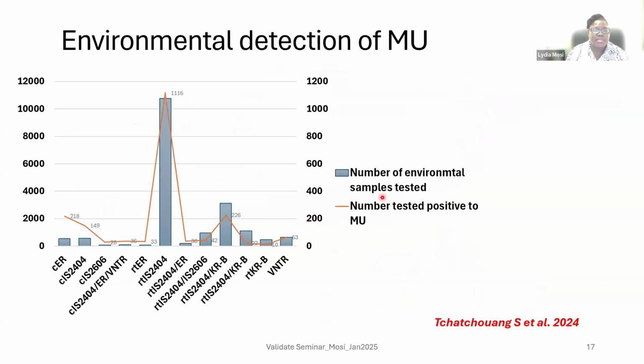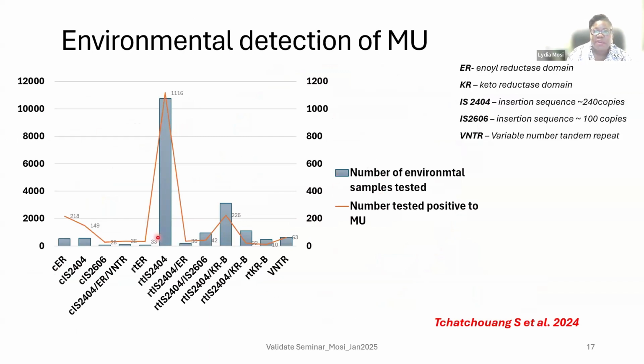Now, if you go to the environment, like I alluded to earlier on, and you try to test all the samples that you can obtain in an endemic region, you will find M. ulcerans there. And several of the markers that we use routinely include the ER and KR domains, which are all on the plasmid, the mycolactone-producing plasmid. And the insertion sequences are IS2404 and IS2606, which appear several times, both in the genome and on the plasmid.